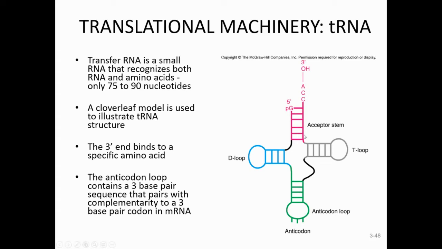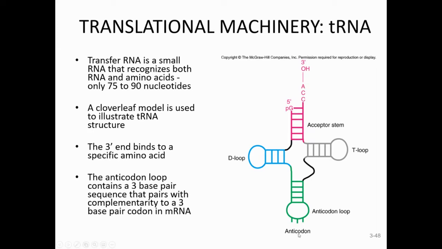We call this the acceptor stem. The acceptor stem basically pairs with the 5' end, which always begins with a phosphorylated G and finishes with CCA. And then the amino acid is bound to the 3' hydroxyl group of the adenosine. That's where the amino acid binds.